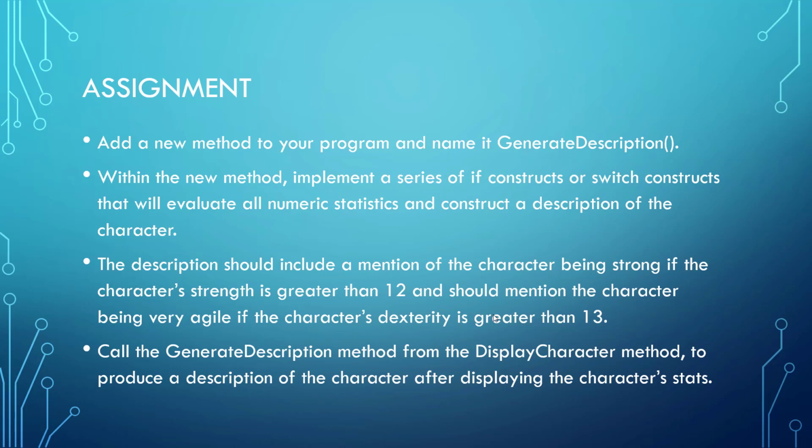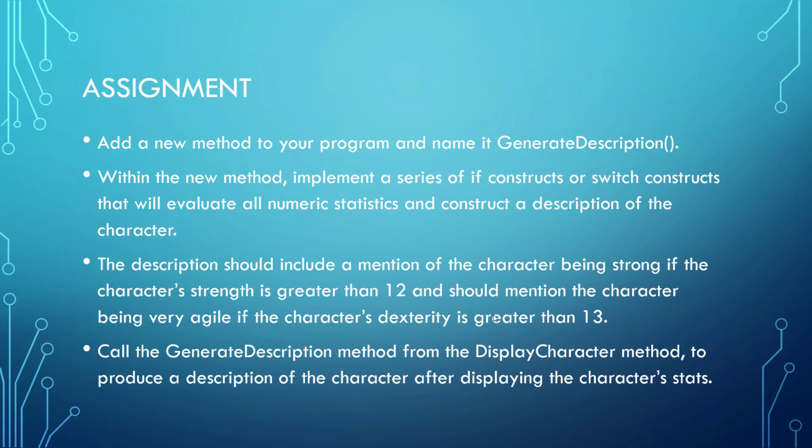This description should include a mention of the character being strong if the character's strength is greater than 12, and it should mention the character being very agile if the character's dexterity is greater than 13. In order to do this, you're going to have to declare a new global variable. If I were you, I would make it of type string and name it description.